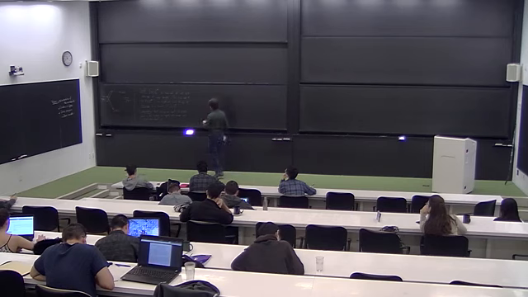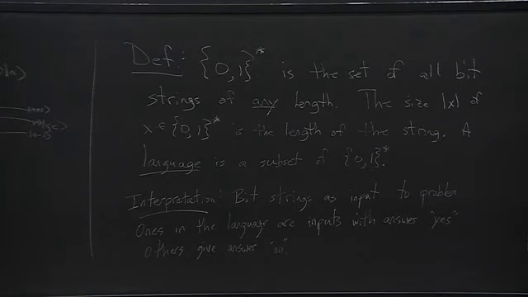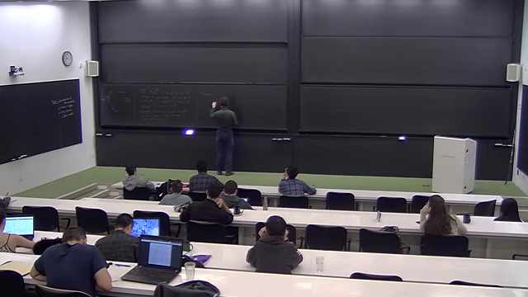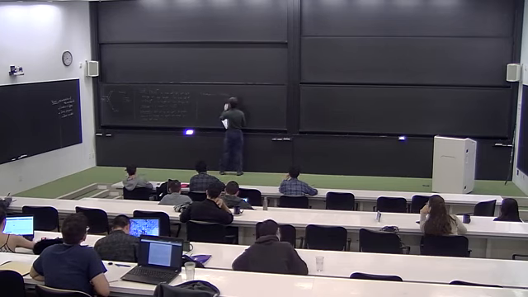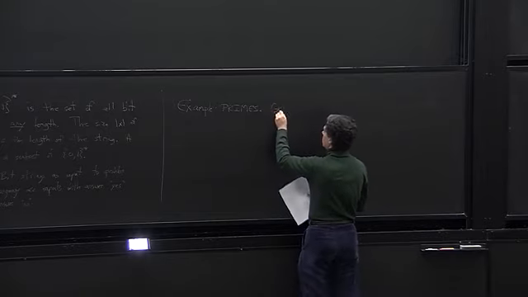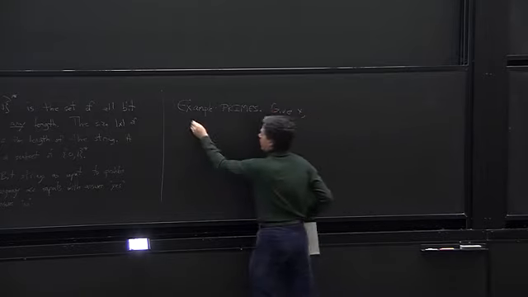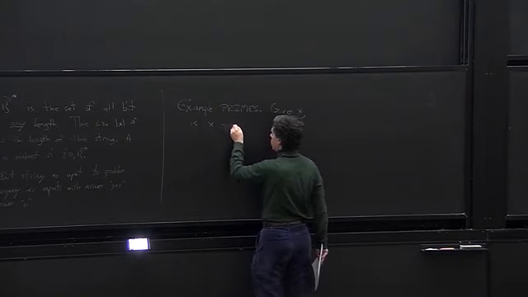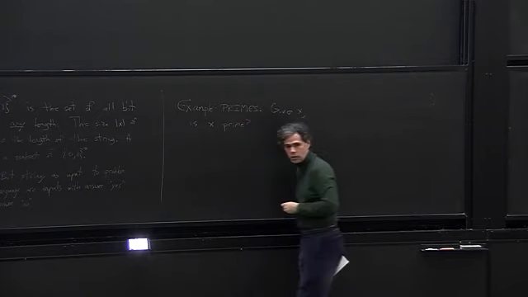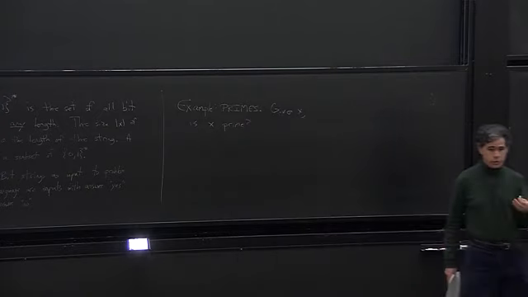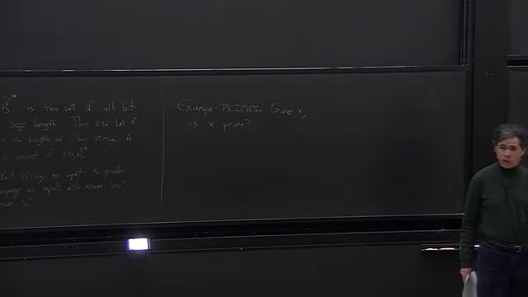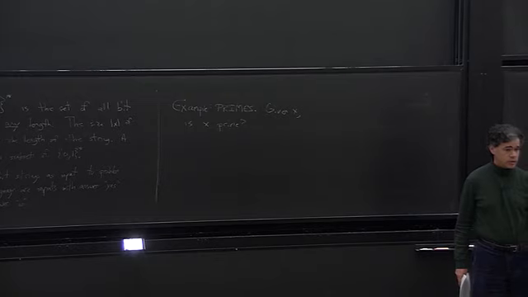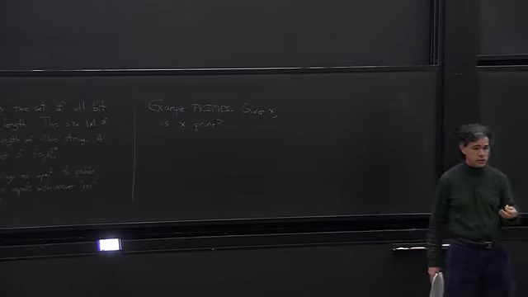OK, so here's a concrete example. So this is, in computer science lingo, known as PRIMES. Given x, is x prime? OK, so now we're going to interpret the bit string as the binary representation of some integer, non-negative integer.